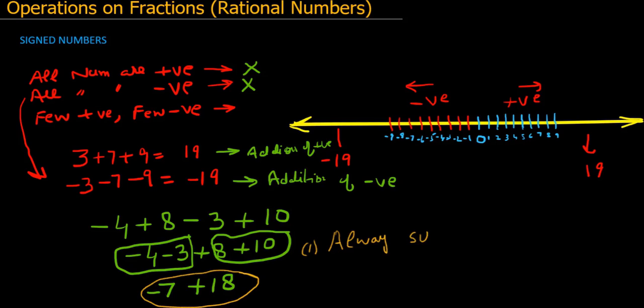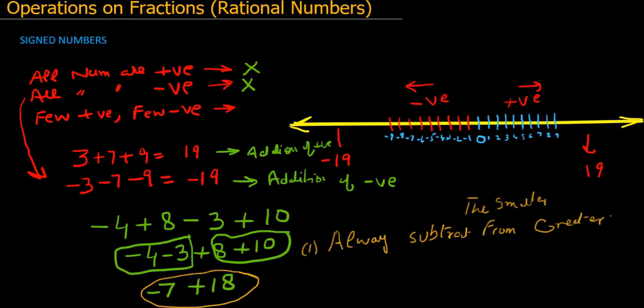Although you can still say it's an addition of a negative and a positive number, let's treat it as a subtraction. So the first step is always subtract the smaller from the greater number.